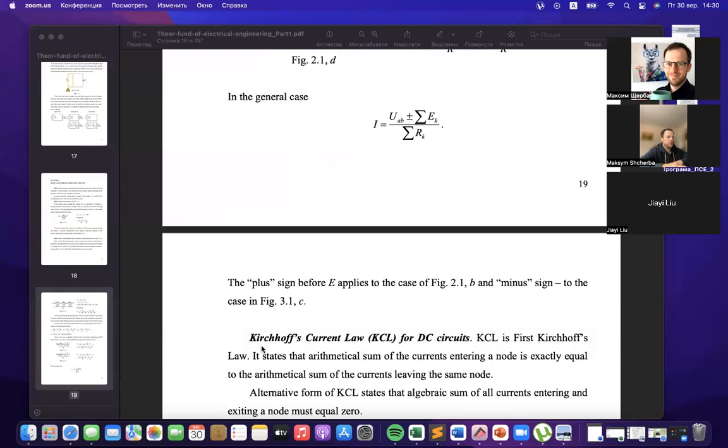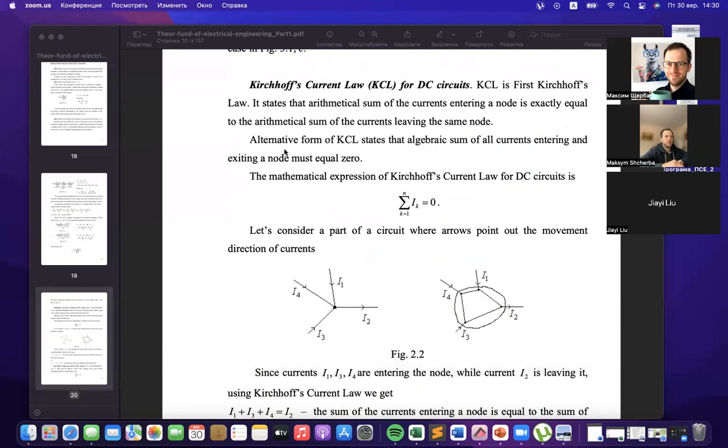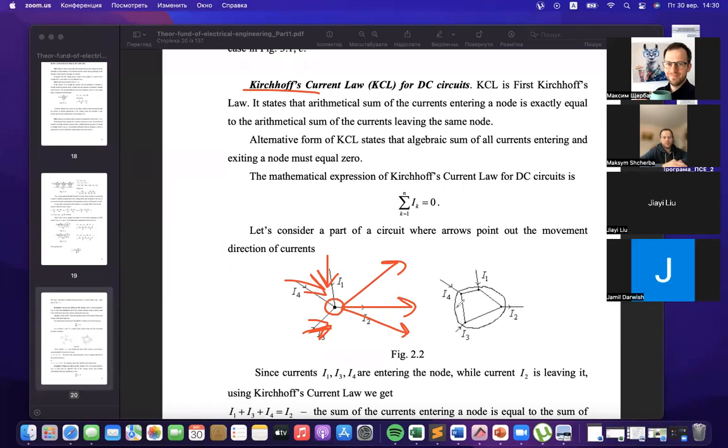Then the other two laws are grounded on the conservation law. They are called Kirchhoff's laws for current and for voltage. For current, it describes the total current at some point: the total current that flows into some node or a couple of objects equals the total current that flows out of this node or some part of the system.